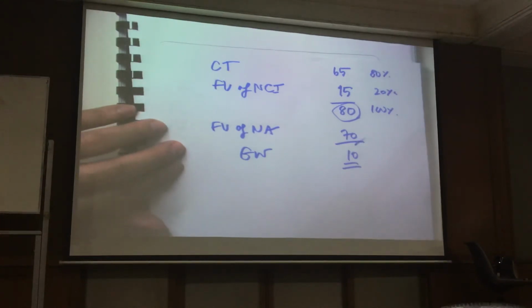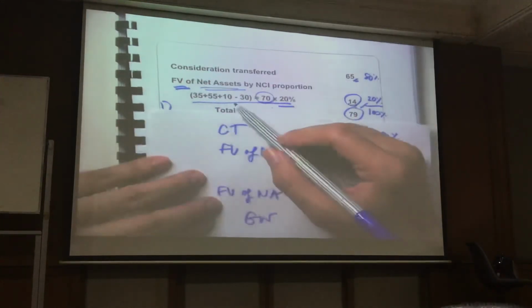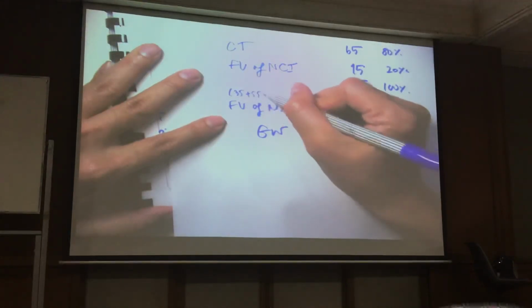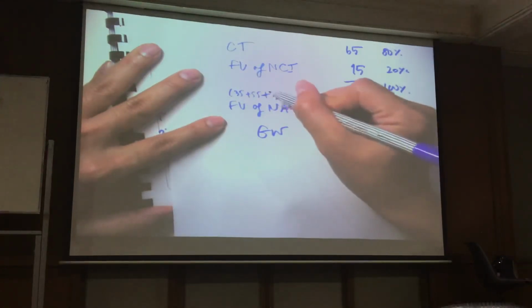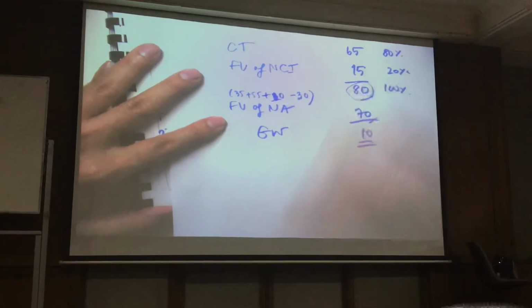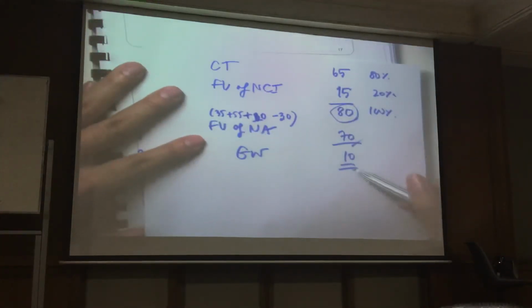Fair value of net asset from the calculation: 35 plus 55 plus 30 minus 30 plus 10 plus 10 minus 30. That's why you got goodwill at 10. Based on this calculation, this is what you expect to see on the consolidated financial statement.